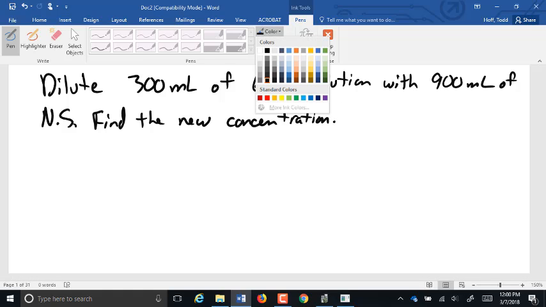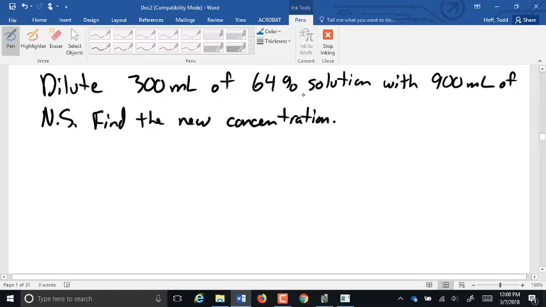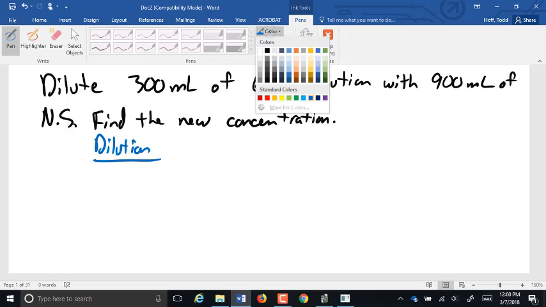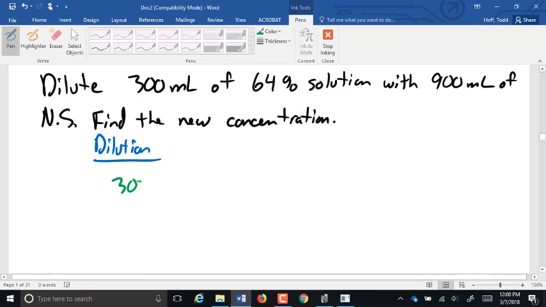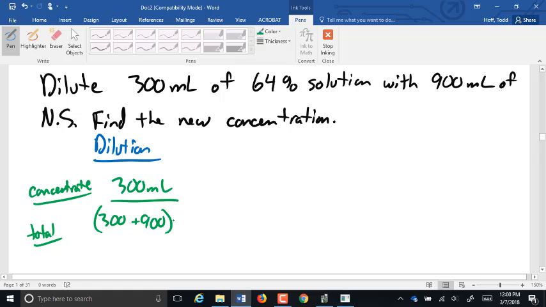Rather than going through our solution formulas, we can actually just look at, okay, we have a dilution where we started out with 300 milliliters of our concentrate, our more concentrated formula. We have a total of 300 plus 900 milliliters.